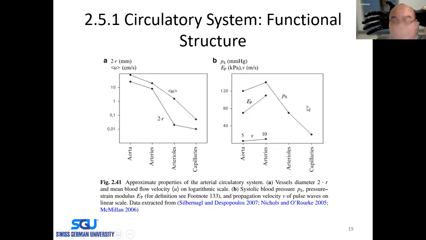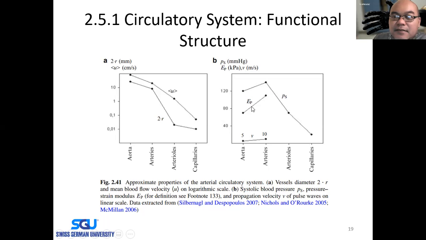Here it indicates the systolic blood pressure, PS, at the different parts of the blood vessels. It is highest at the arteries, then goes down at the arterioles and capillaries. This is also the propagation velocity of the pulse wave coming from the pumping of the heart.